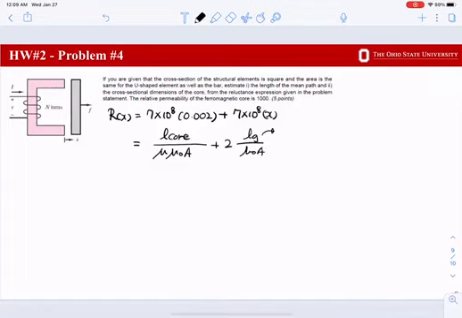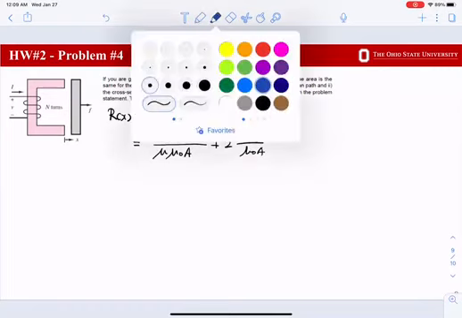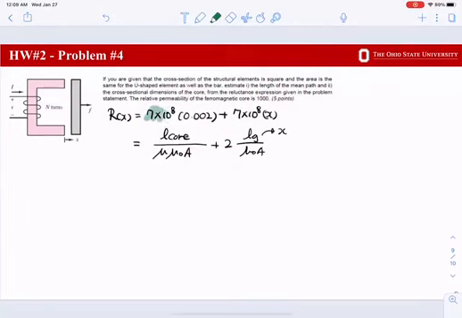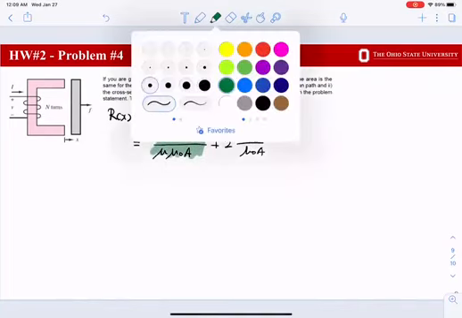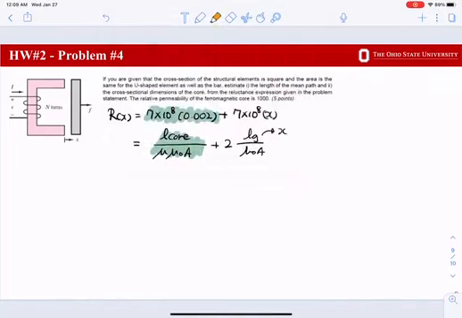So here this lg should be x. This term is the constant, and also this term should be matched together.